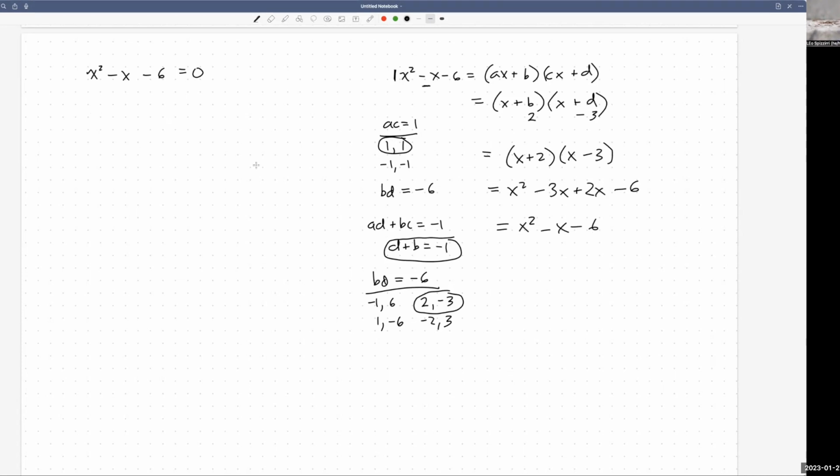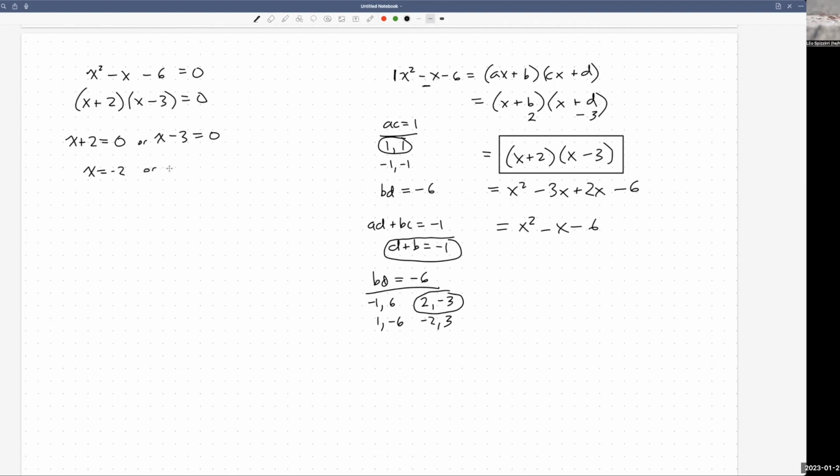Which means we can now substitute this expression in for the one we started with. So this becomes (x + 2)(x - 3). And we use the same idea that if the product of these two things is 0, then one of them must be 0. And this gives us solutions x equals negative 2 or x equals 3.